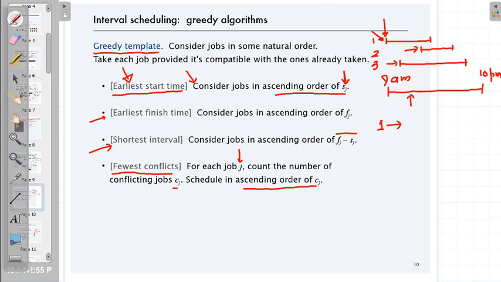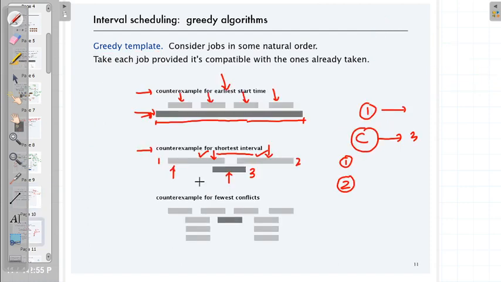If I select that template, one counter example is given here. You see this job has the fewest conflicts: it conflicts with only 2 others, while the other jobs conflict with many more. So this one may be selected first.